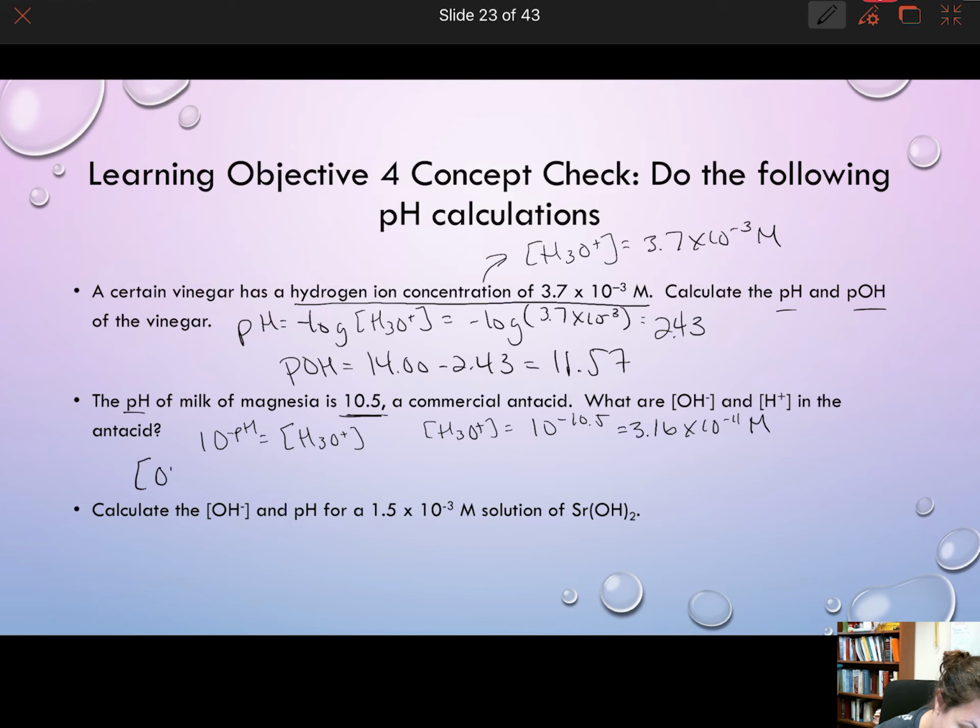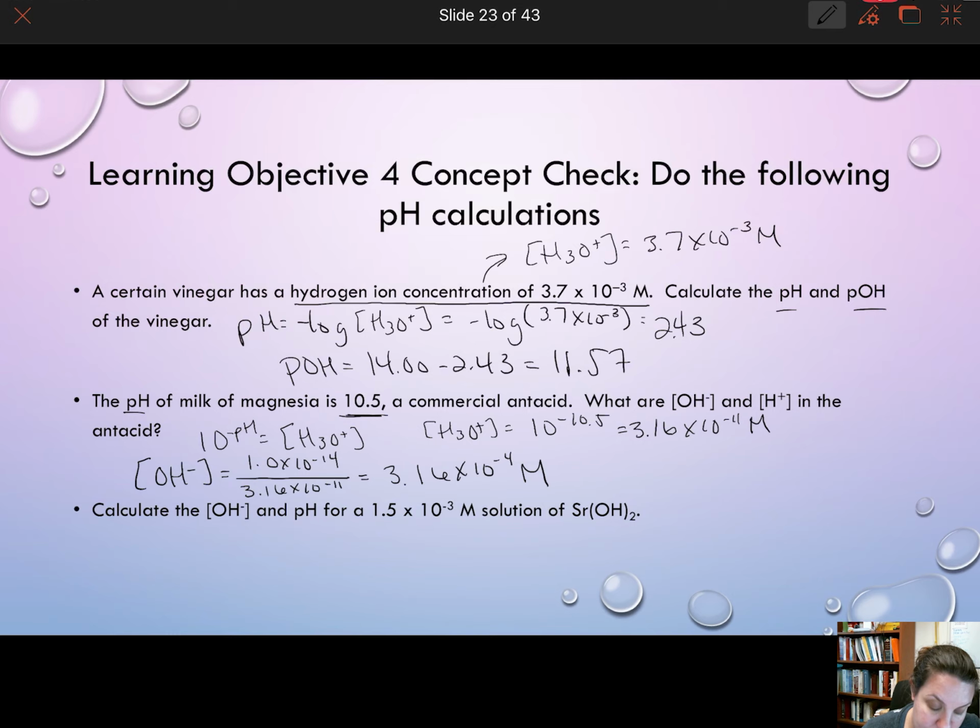So our OH minus will be equal to Kw, 1.0 times 10 to the negative 14, divided by our hydronium concentration, 3.16 times 10 to the negative 11. Which gives the value of 3.16 times 10 to the negative 4.